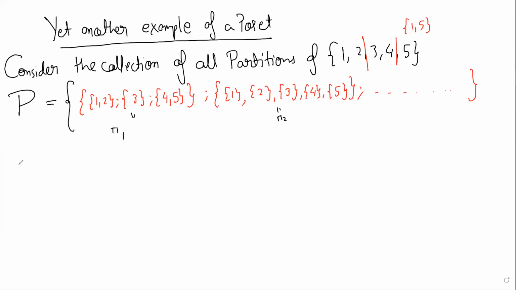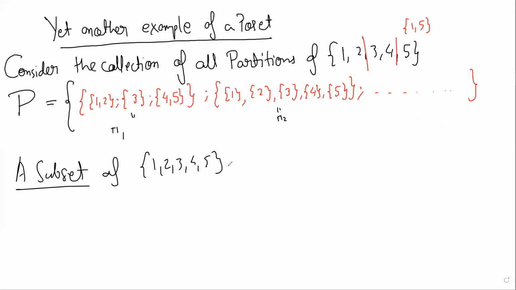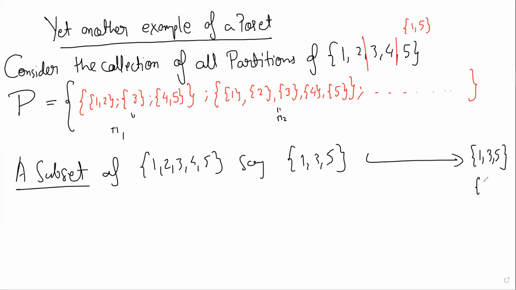So if you take a subset of 1, 2, 3, 4, 5, say if you take 1, 3, 5, is this a partition? No, right? This is a subset. How is this a partition? But from this subset, you can get a partition in a natural way. You can take this, and obviously you can just take the complement.